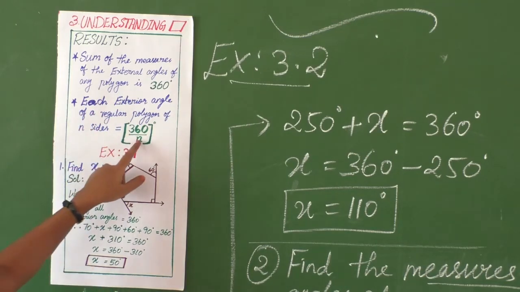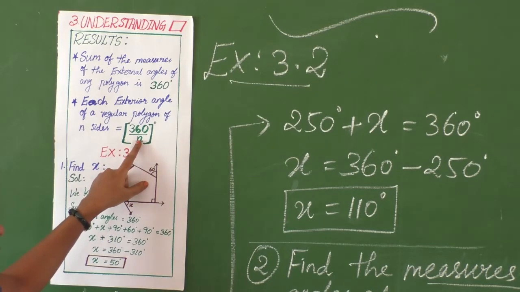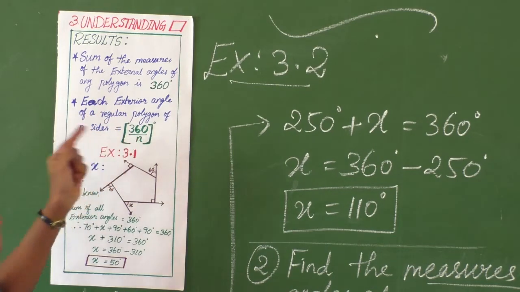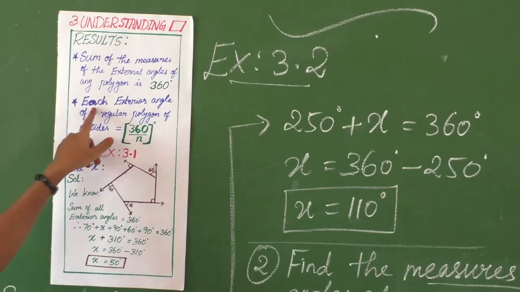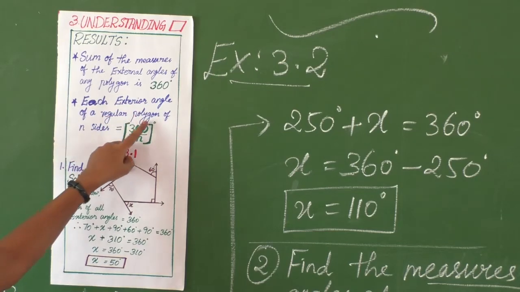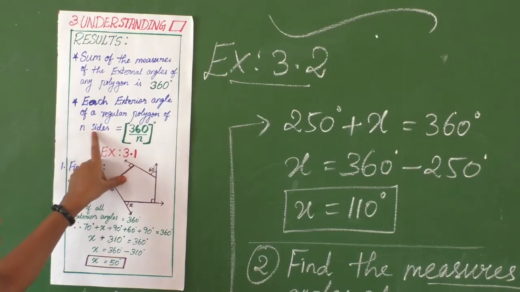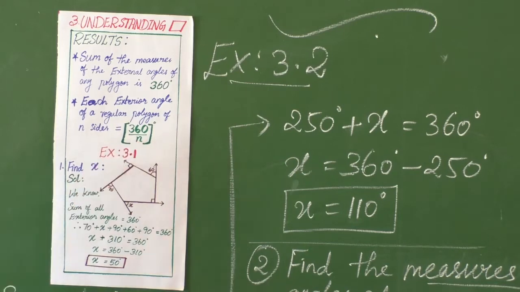When the number of sides is mentioned, this is the formula. Each exterior angle of a regular polygon of n sides is equal to 360 degree by n.